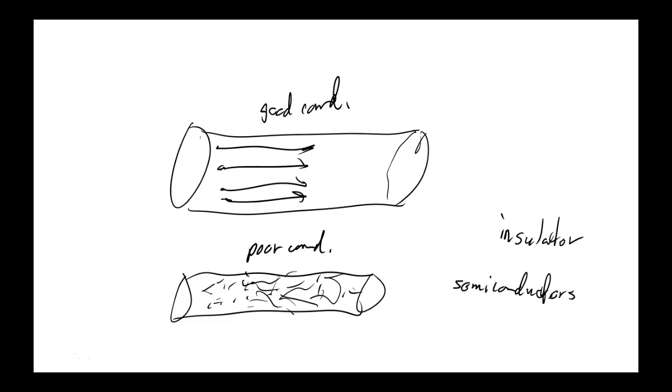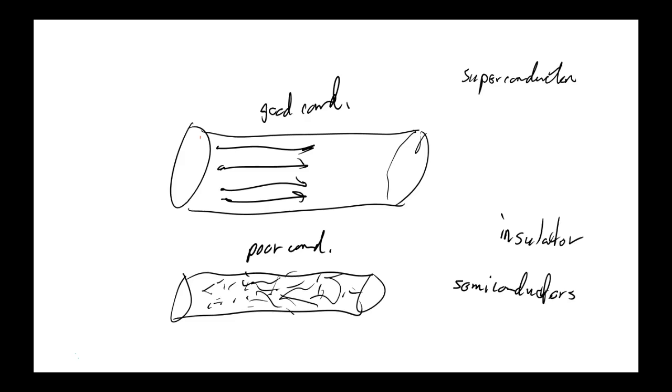There's one more classification here, and that's a superconductor. Okay, remember I said copper was a great conductor, not the best. Silver is even better, but even silver has some resistance. Copper has some resistance.